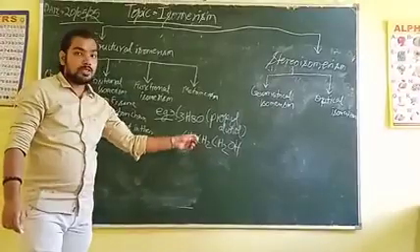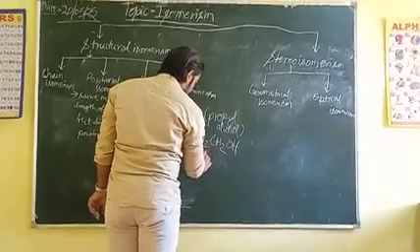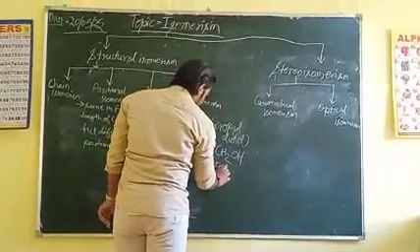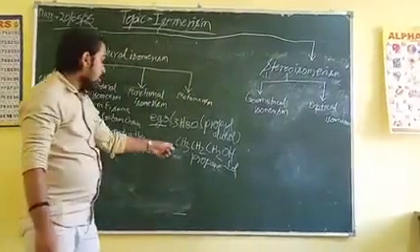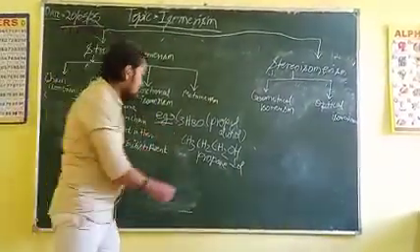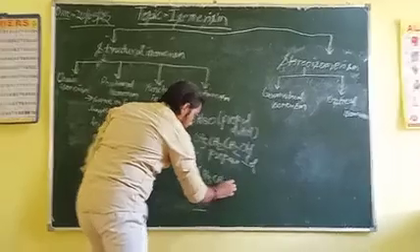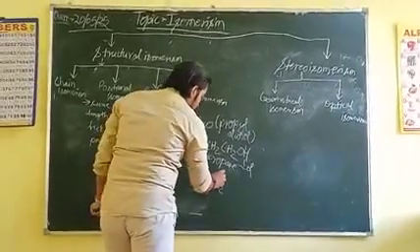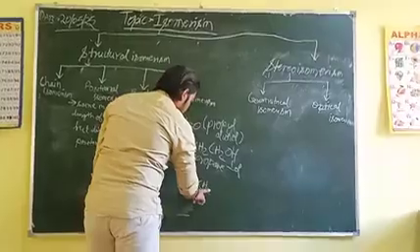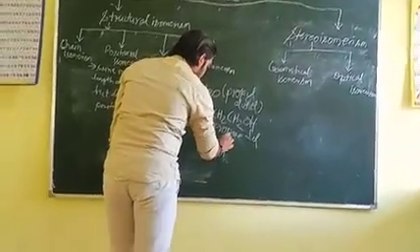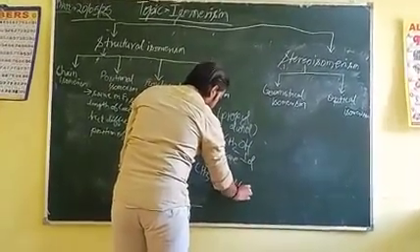These are propan-1-ol. Now the second isomer of this compound is CH3, CH, OH, CH3.